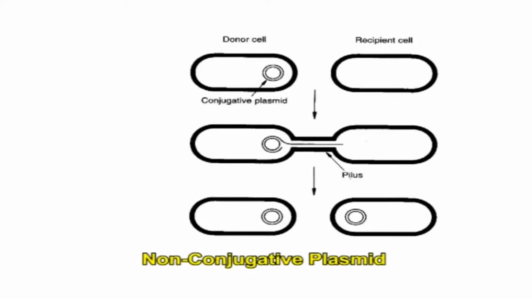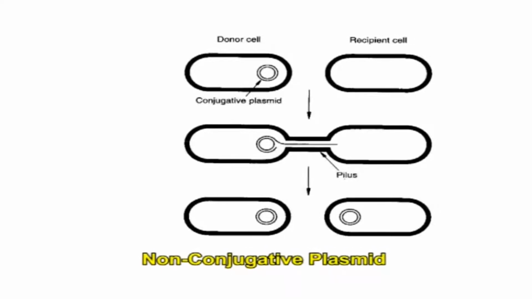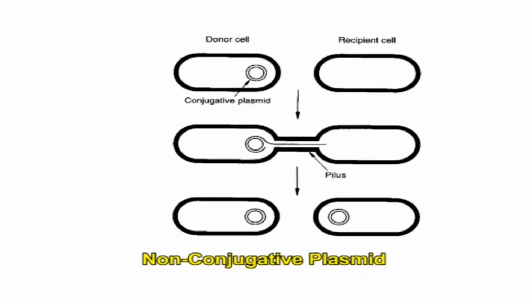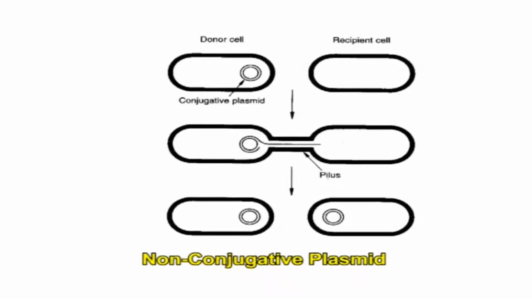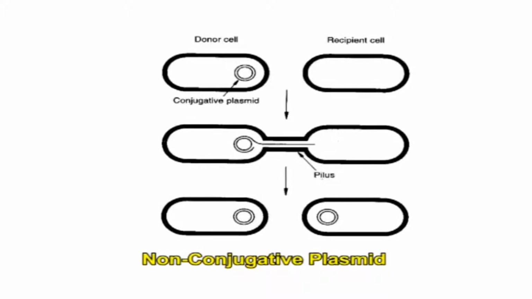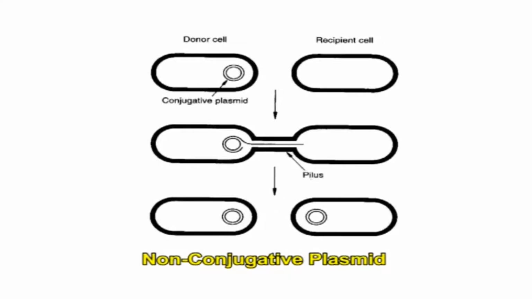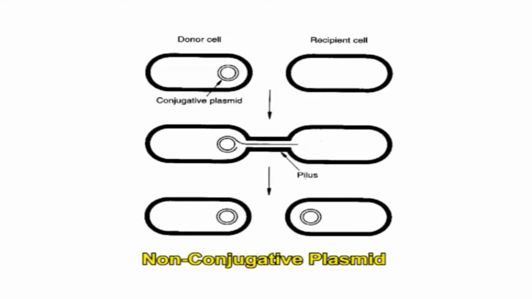A plasmid that cannot proceed to another bacterium during conjugation but needs mediation by a conjugative plasmid is called a non-conjugative plasmid. In other words, the plasmid does not affect conjugation and cannot self-transfer to another.